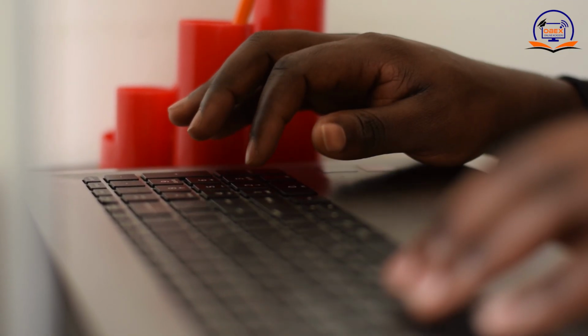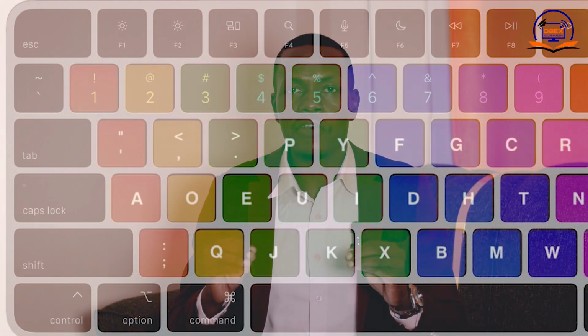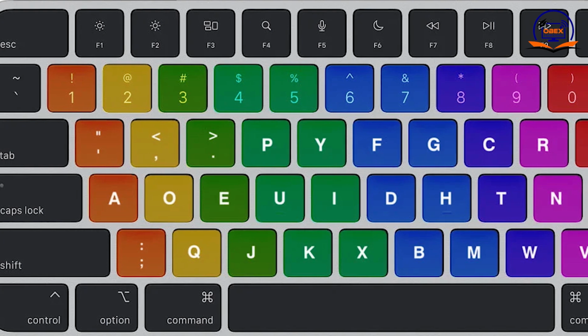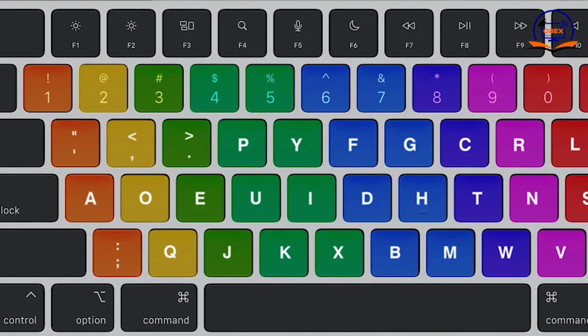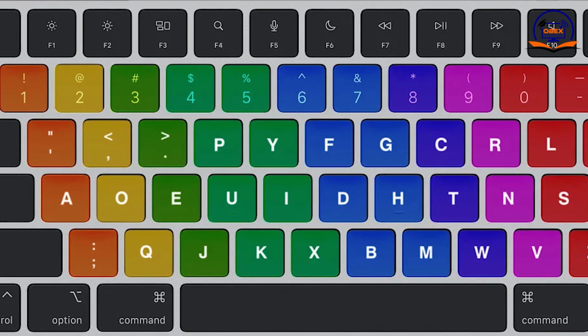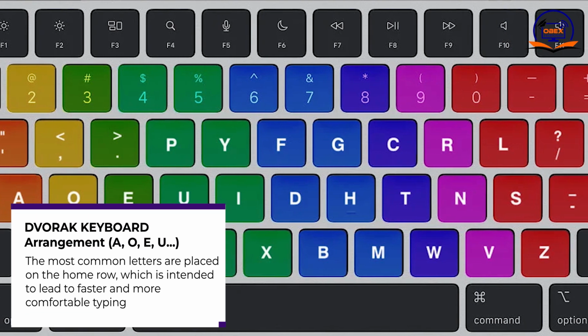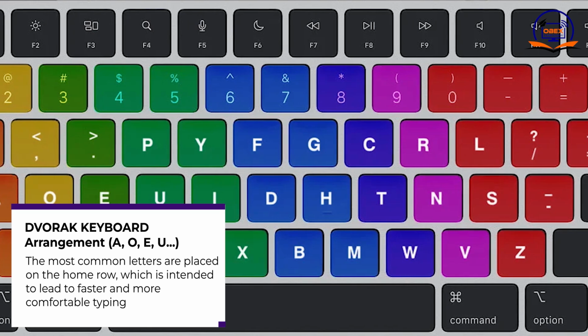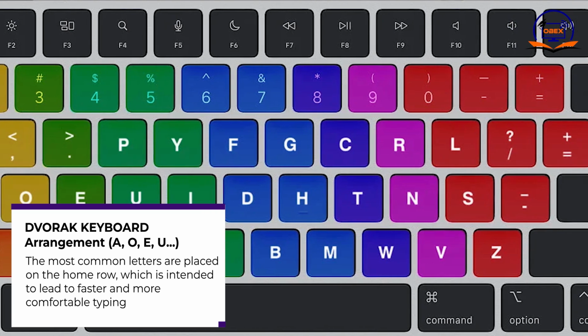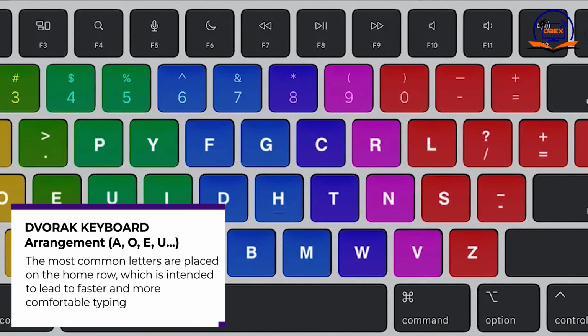And then from there, we have the next type of keyboard, and it's called the Dvorak keyboard. The Dvorak keyboard was actually an invention of a person we call August Dvorak around the 1930s.